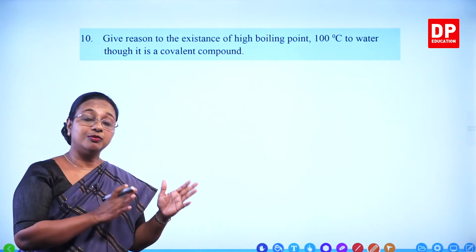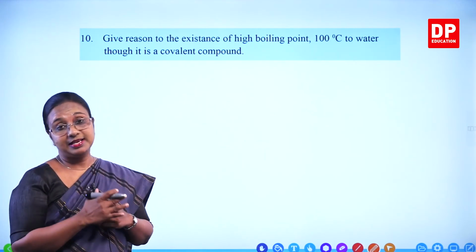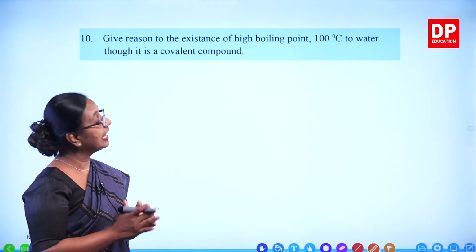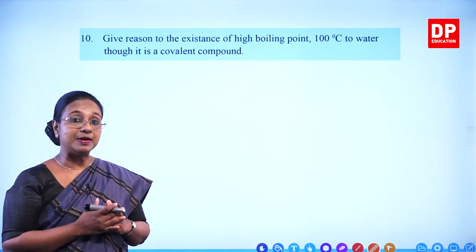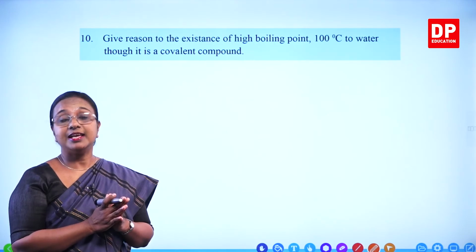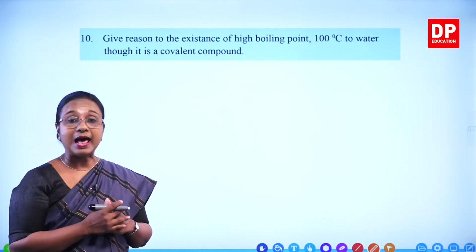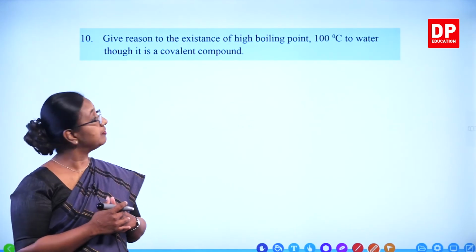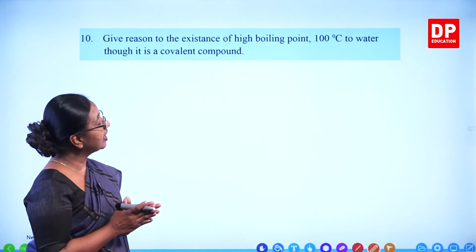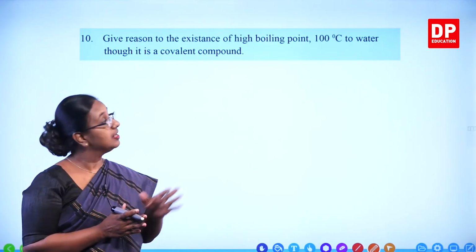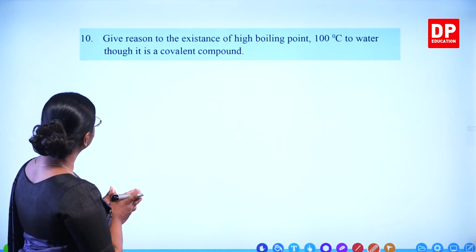Not strong like covalent bonds, but it is somewhat strong. So, if we want to boil water and convert it to water vapor, we need to break that intermolecular force. So, to do that, we need to supply a somewhat high amount of heat energy. That is why the boiling point of water is 100 degrees Celsius. That is what you have to explain here.